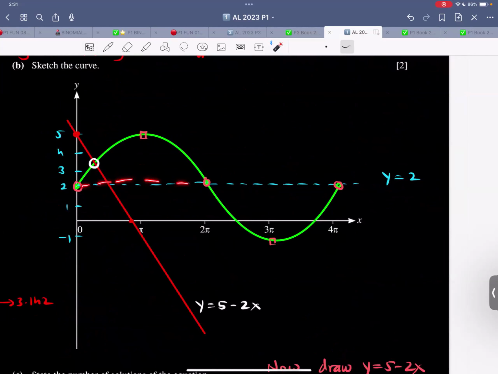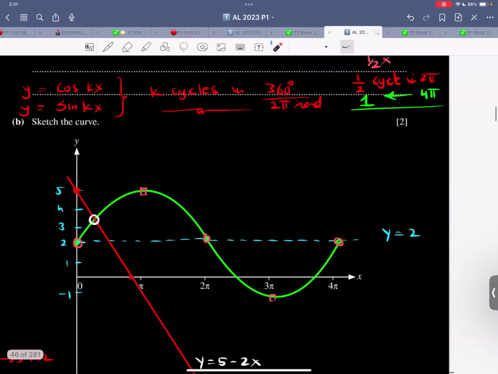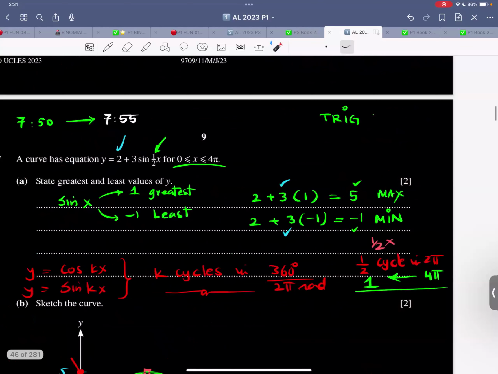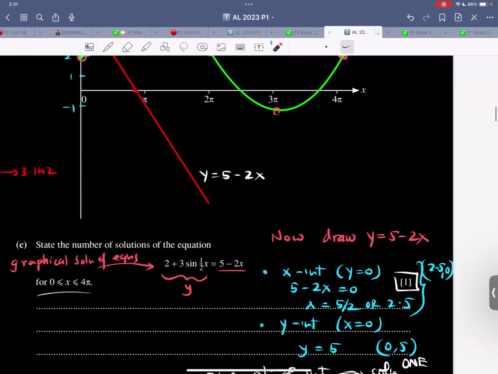I have drawn a dotted line like this, just to show that this is 3 units up, 3 units down. That's the amplitude. And it's one cycle from 0 to 4 pi. And I think the grid was already drawn over here. Then sketch the curve for 2 marks, greatest and least for 2 marks, fair enough.